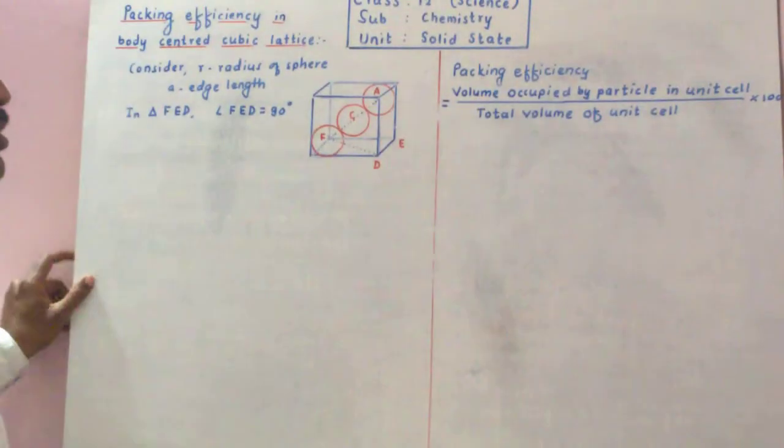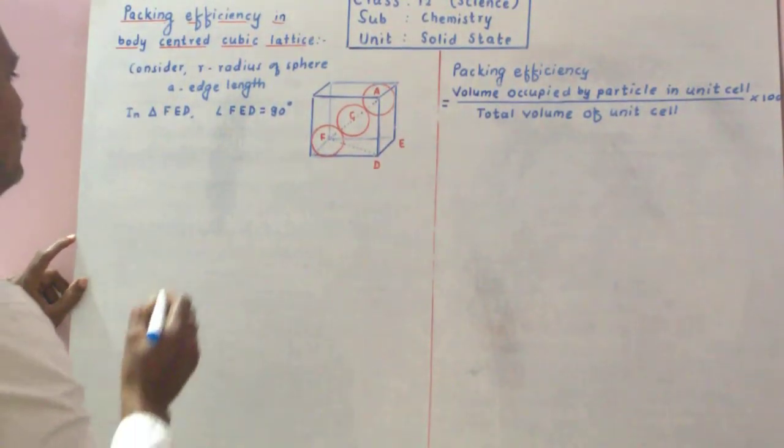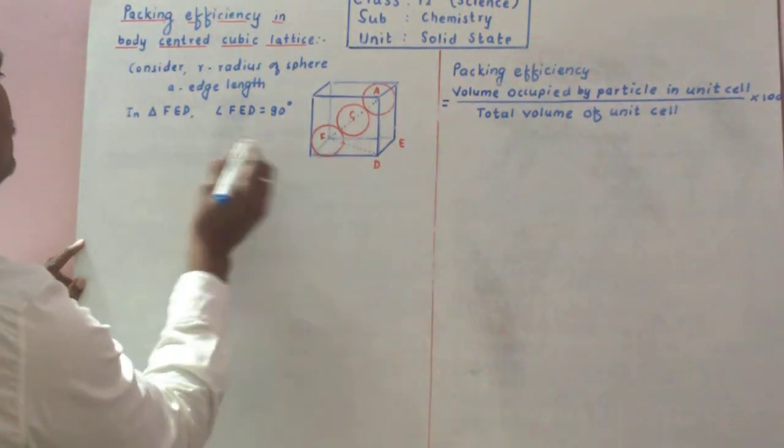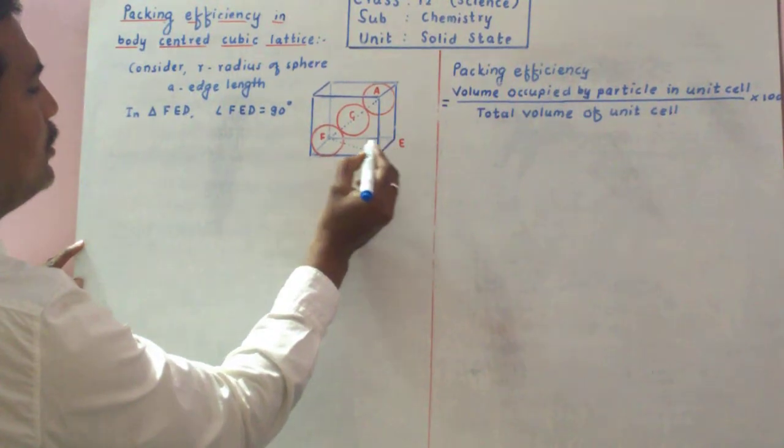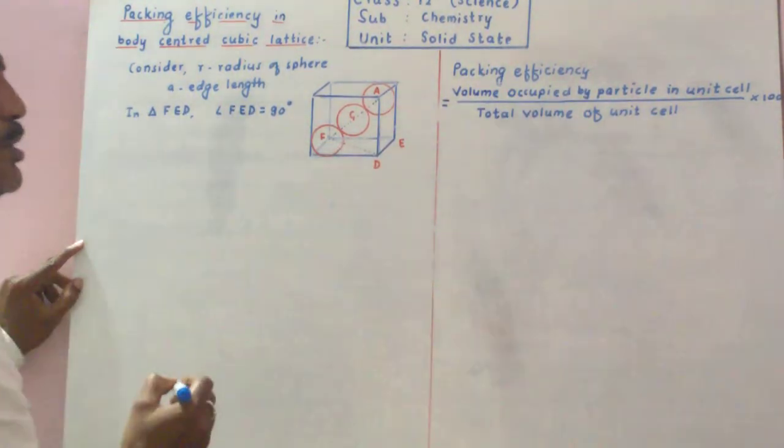In triangle FED, angle FED is 90 degrees. So by using Pythagoras theorem, we will find FD. So this angle is 90 degrees, so FD will be the hypotenuse.